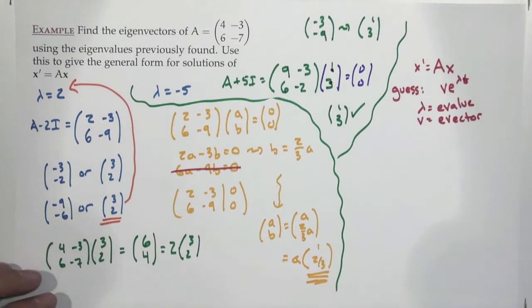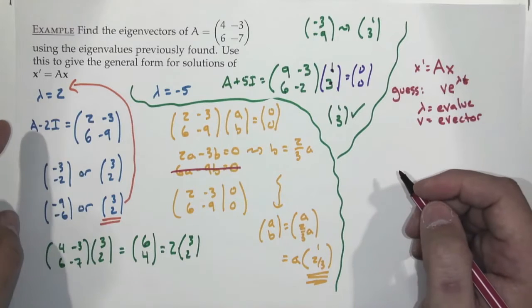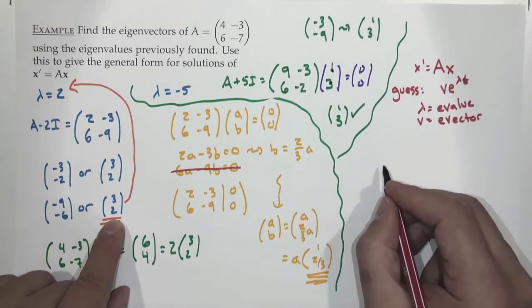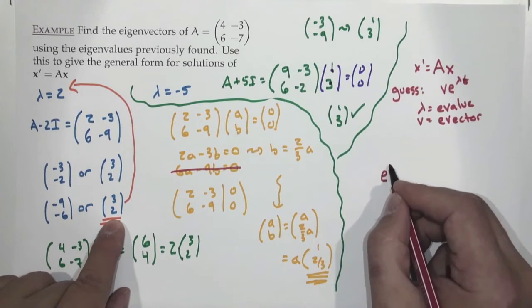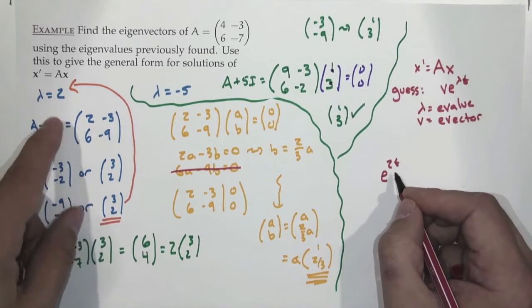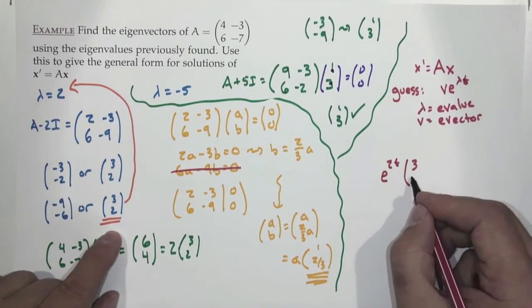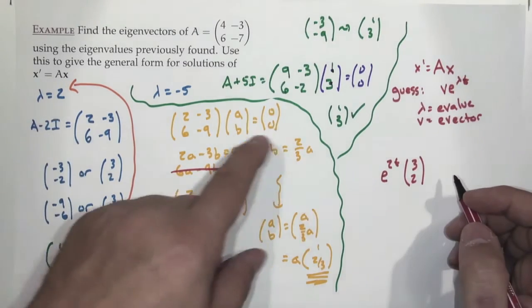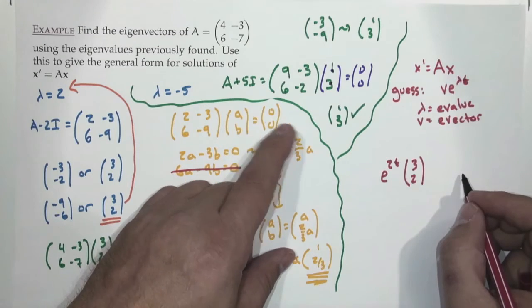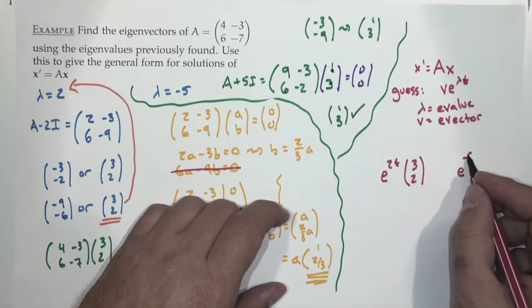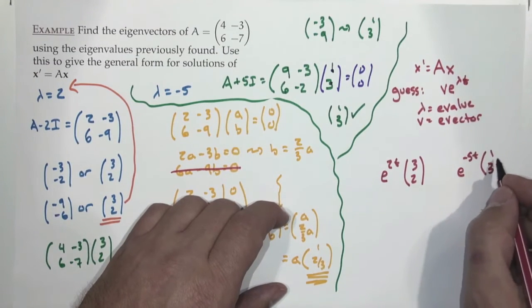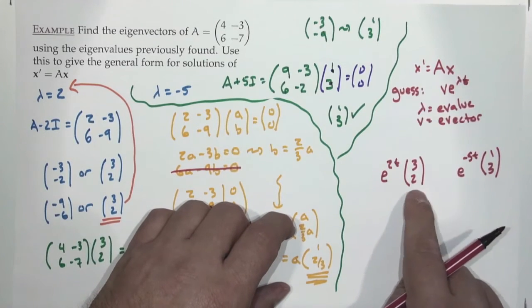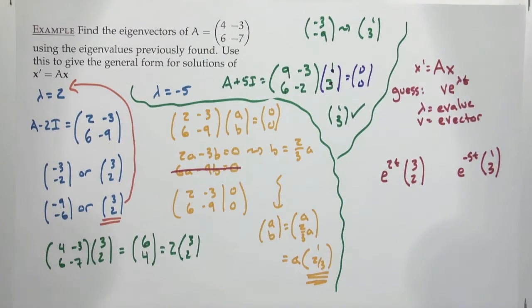So in particular, if we start, where's our good eigenvector? Here's a good eigenvector. So e to the 2t times (3, 2), the 2 coming from the eigenvalue, is a solution. Come over here, we have e to the minus 5t times (1, 3), is a solution. Eigenvalue, eigenvector, eigenvalue, eigenvector. Now, if we want the general form, what do we do?